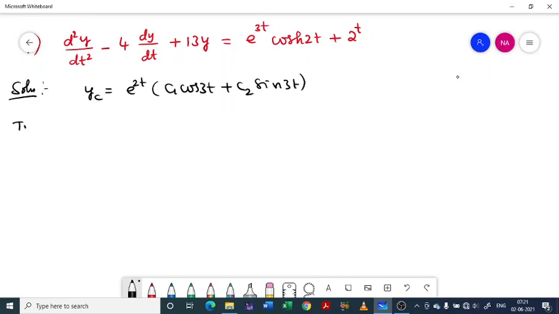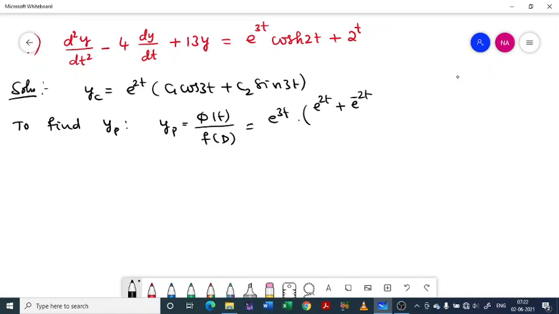To find yp, so yp is equal to phi of t divided by f of d, that is e power 3t into cosh 2t, that is e power 2t plus e power minus 2t by 2 times, divided by f of d, plus this is actually e power t into log 2 divided by f of d.